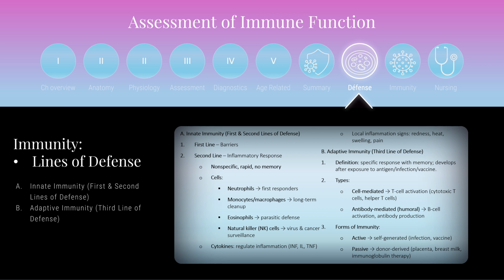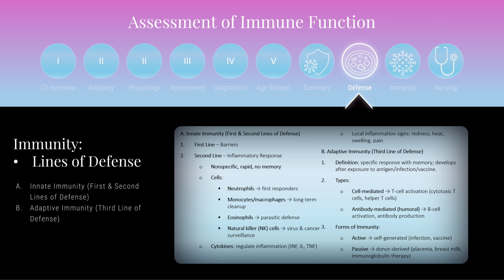Then we have the cells: neutrophils, the first responders; monocytes and macrophages, long-term cleanup; eosinophils, parasitic defense; and the natural killer, NK, cells for virus and cancer surveillance. Cytokines regulate inflammation. Local inflammation signs are redness, heat, swelling, and pain.